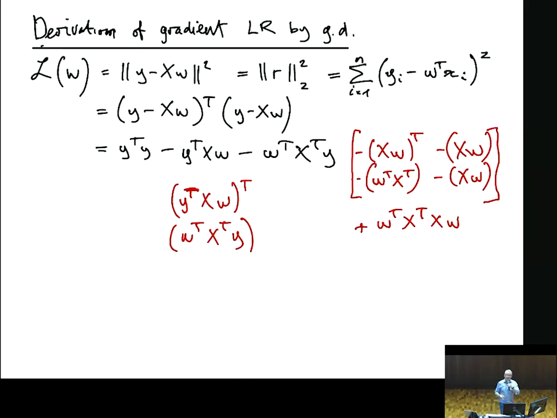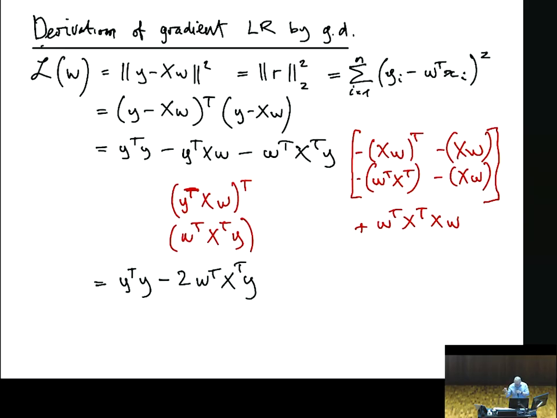We sum those two terms, and we end up with this: y transpose y minus 2 w transpose x transpose y.